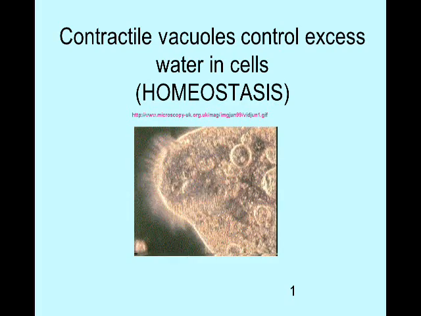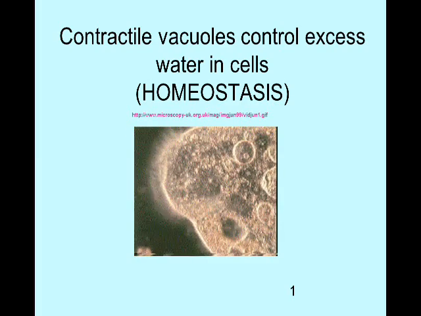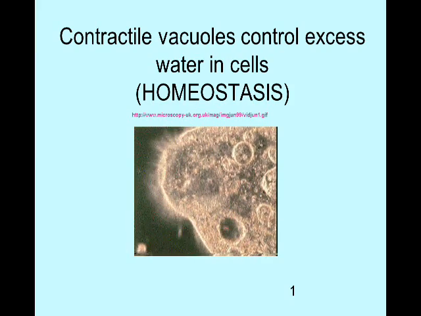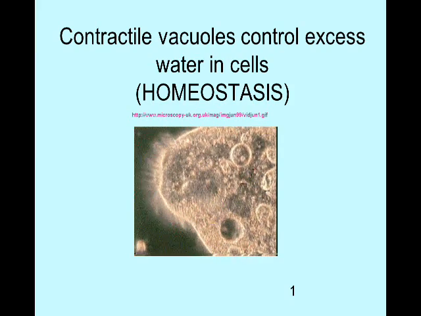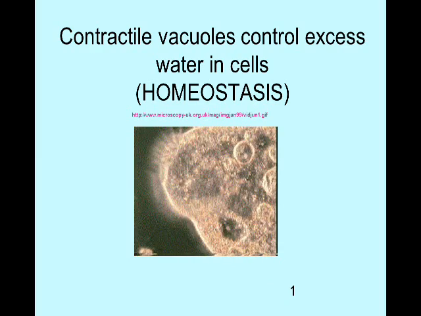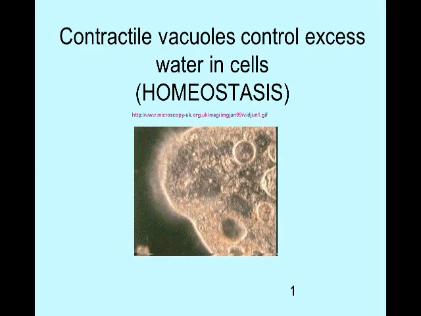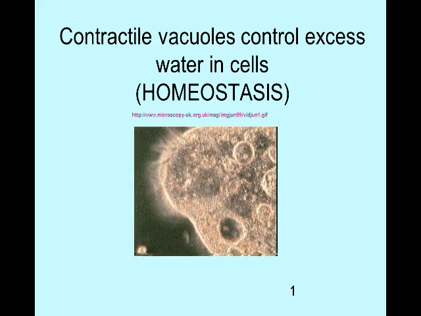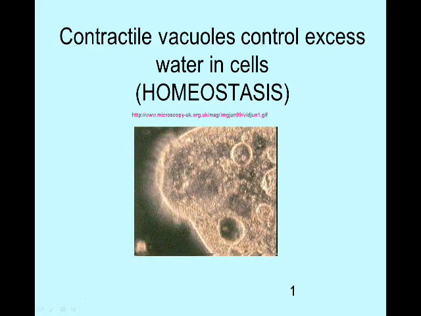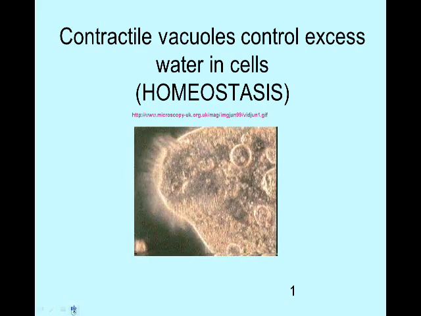And then the vacuole can actually squeeze to force the water back out of the cell. It's important in maintaining homeostasis. Remember that vocab word from our first chapter? Maintaining the balance of water and ions in our cell. So they're a kind of vacuole, a storage space for water.